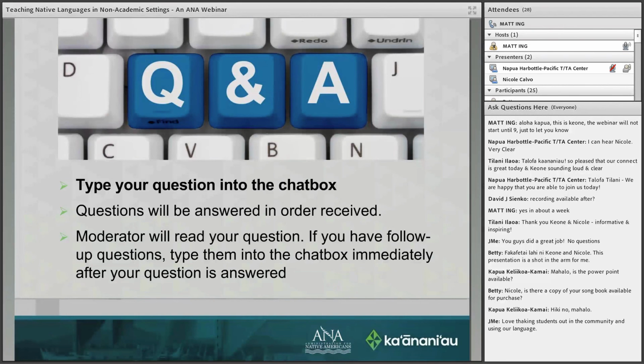If somehow you can get Betty's contact information or email, I can work through Pa'a and try to get the information to her to get the book. Thank you, Nicole, for that.